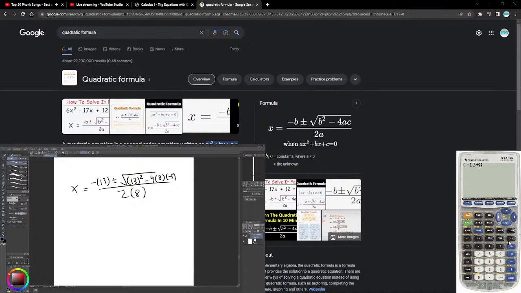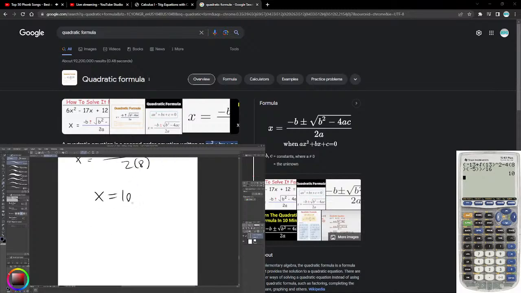Plus the square root of 13 squared, oh crap, minus 4 times 8 times negative 5, parentheses again because that's the top, divided by 16. So x equals 10. That was for adding.